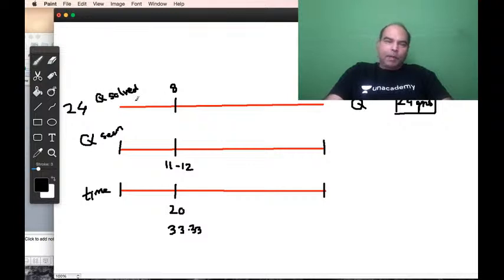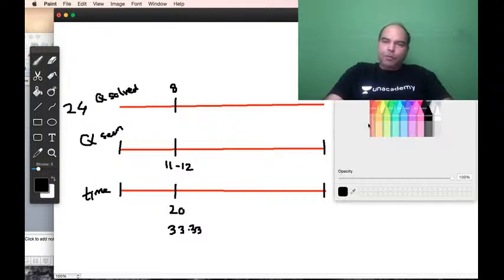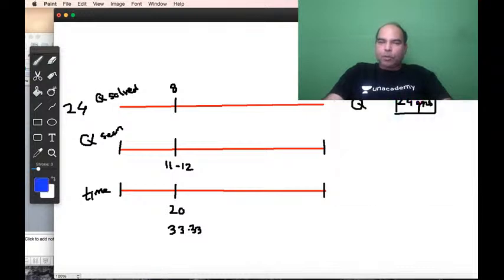But practically, what happens for most people in the exam, and you can test this for yourself also, is that with a target of 24, you will be at 5 attempts after 20 minutes, and you will be on the 9th question. So what is happening is that in the next 20 minutes, if you want to make up, you have to see 15 questions.